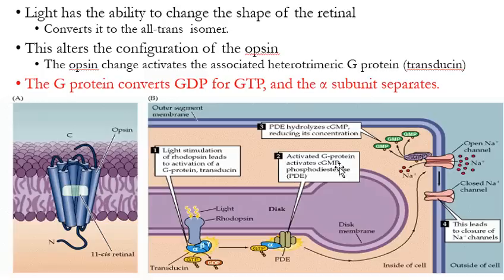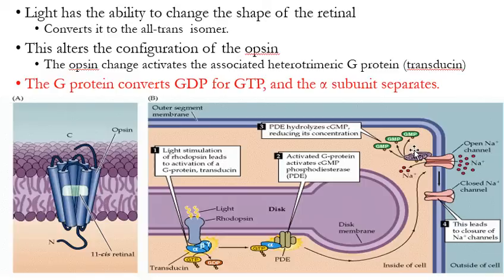The activated G protein activates cGMP phosphodiesterase, which is PDE. This is a cascade that we're following. Once PDE is activated, it hydrolyzes cGMP, and we have it reduced in amounts.